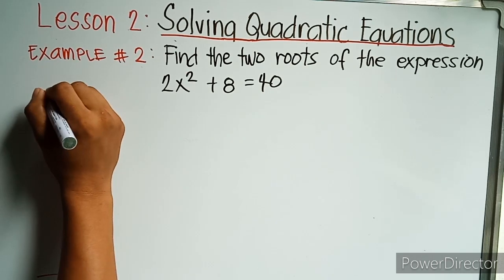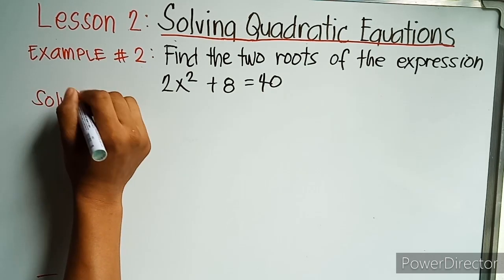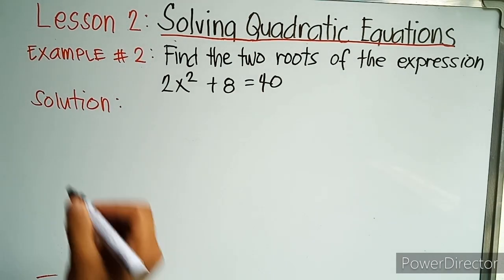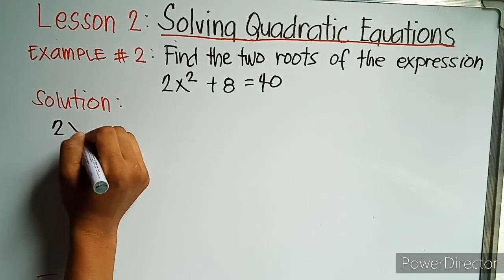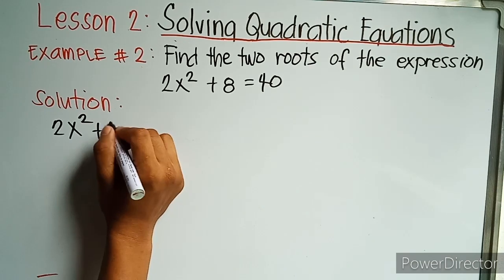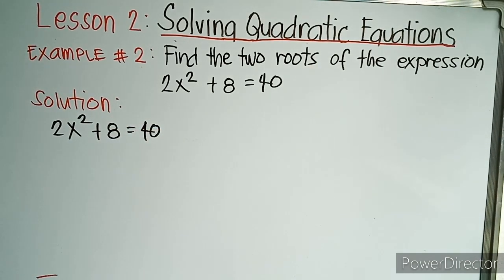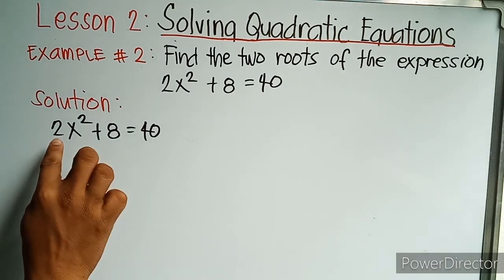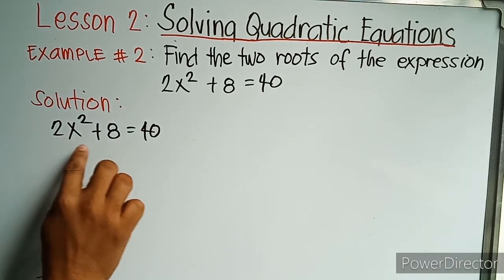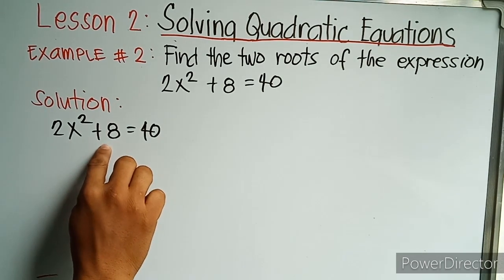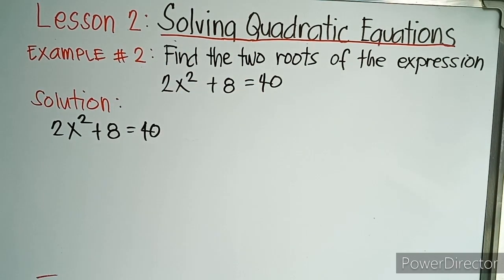So, let's have our solution. For our solution, let's have 2x squared plus 8 equals 40. So, let us apply the addition property of equality by putting this 8 to the right side of the equation.